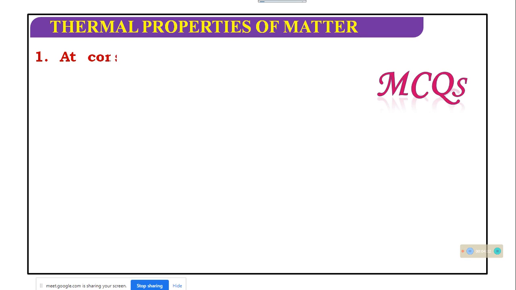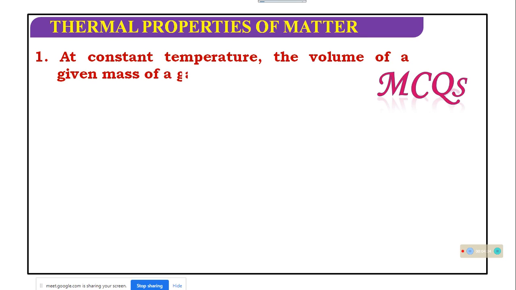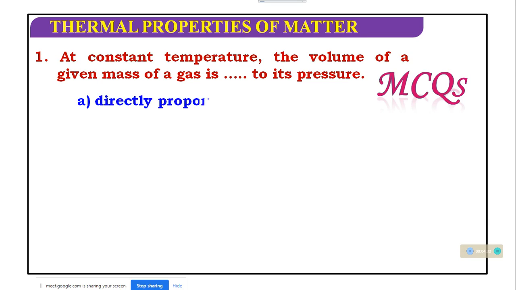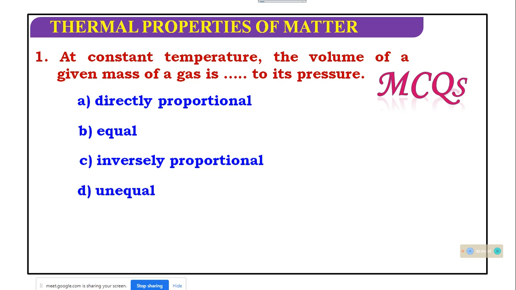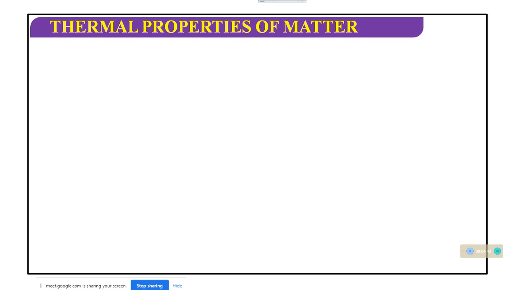Let's do some MCQs. At constant temperature, the volume of a given mass of gas is what to its pressure: directly proportional, equal, inversely proportional, unequal? It will be inversely proportional.